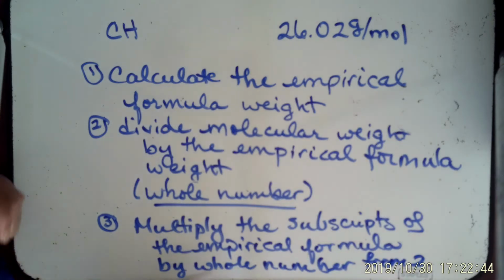So from step 2, you're going to need a whole number. You're going to multiply all your subscripts with it.